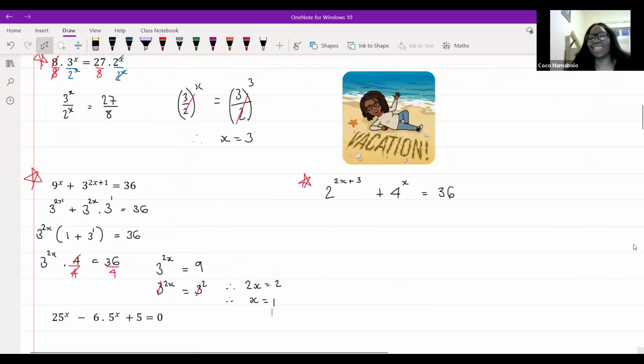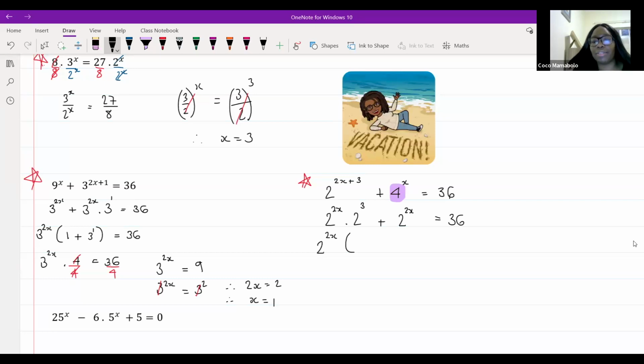Okay, let's look at this next one over here. All right, we're going to do the exact same thing, guys. It's just we know that we need to change 4 to the power of x because we need the same base on both sides. So I'm going to get 2 to the power of 2x times 2 to the power of 3 plus 4 can be written as 2 to the power of 2 times that x that's already there is equal to 36. I'm going to factor out 2 to the power of 2x.